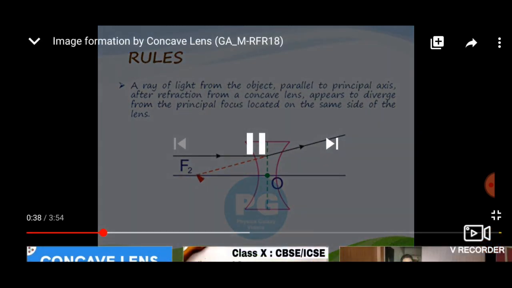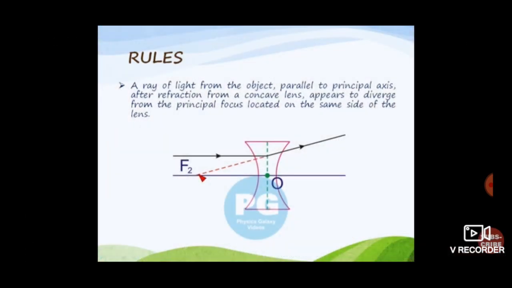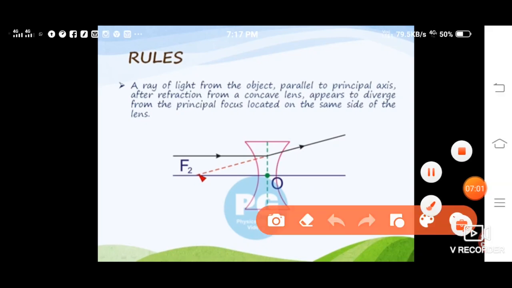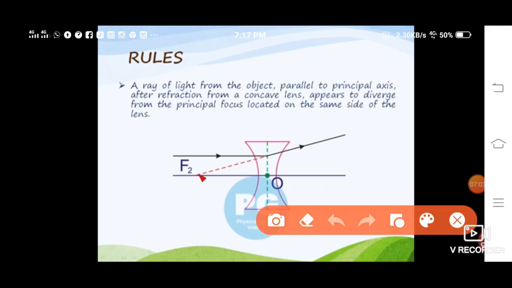See, in convex lens what was happening? The rays of light were coming like this, isn't it? That means it was converging. But here in case of concave lens what is happening? It is going the other way, right?